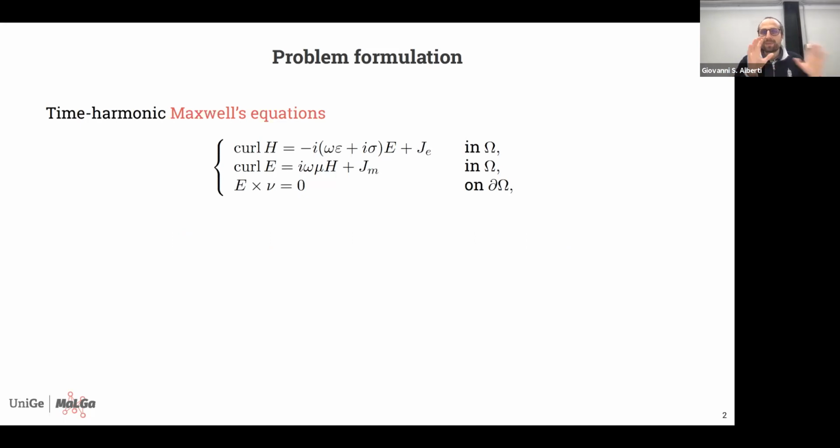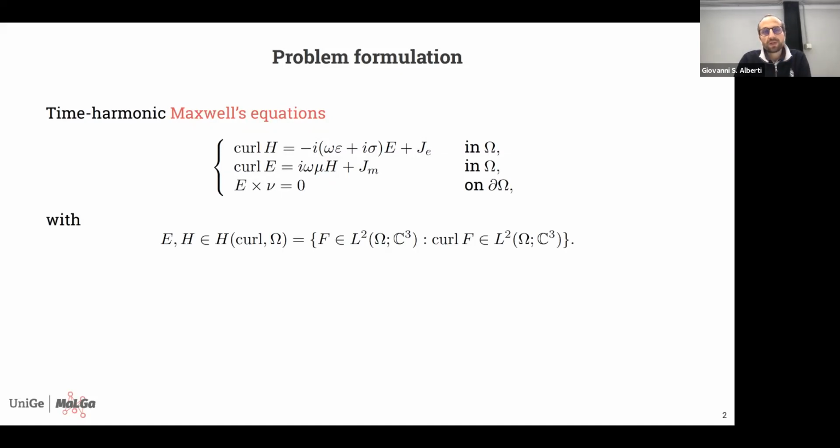I'm just taking them as a known datum. So these are Maxwell's equations, and here omega is a bounded domain in R3, E is the electric field, H is the magnetic field, and these are the solutions. These are the boundary conditions. At the beginning of this talk, we'll forget them, and we'll just recall them at the end.